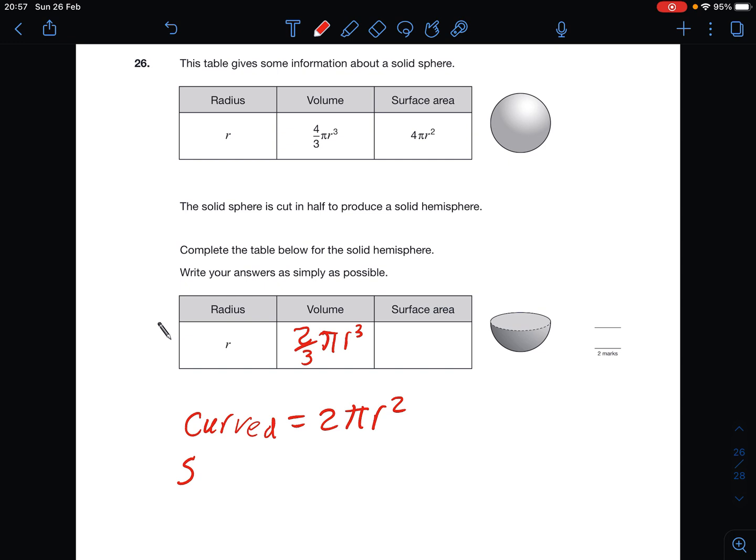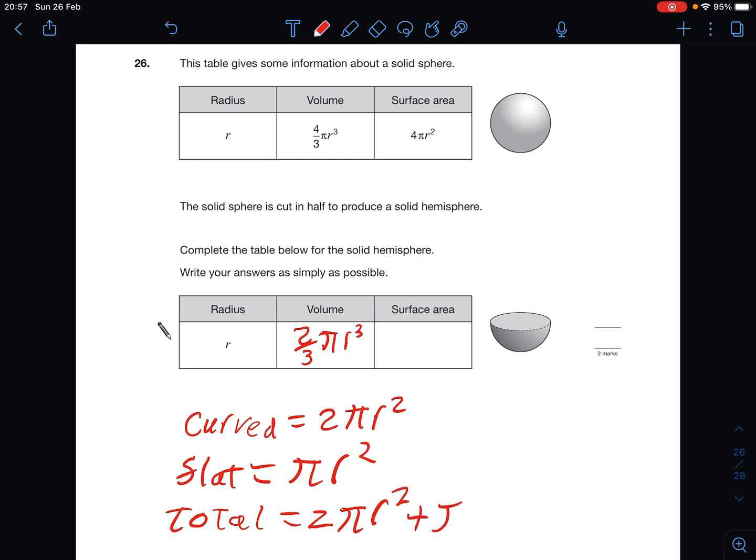Now the flat face, well, that is just a circle, so the area of a circle is given by pi r squared. So in total, it's going to be 2 pi r squared, the curved surface area, plus the flat surface area, and that gets me 3 pi r squared. 2 pi r squared plus pi r squared is 3 pi r squared.